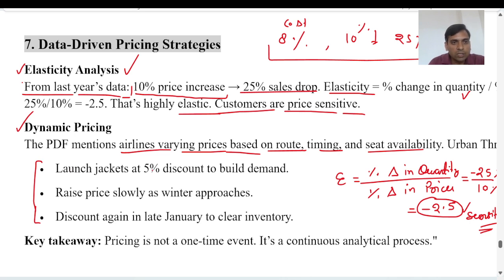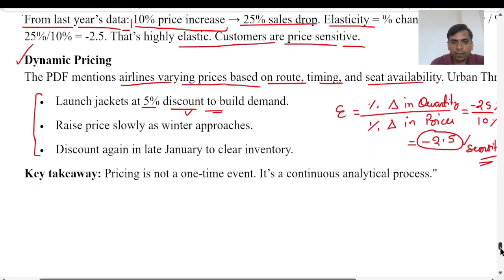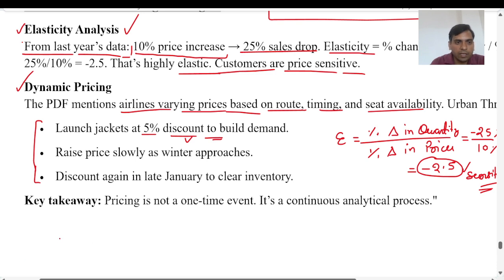Launch the jacket at a 5% discount to build demand. 5% discount to build the demand. If you are fixing the price after an 8% cost increase, then you need to increase the price.